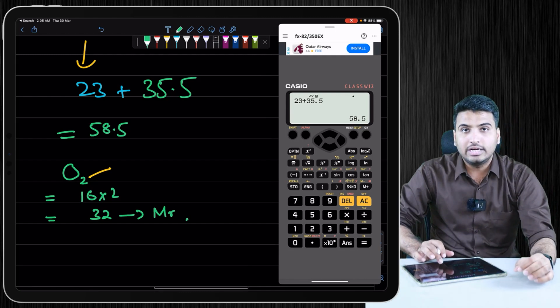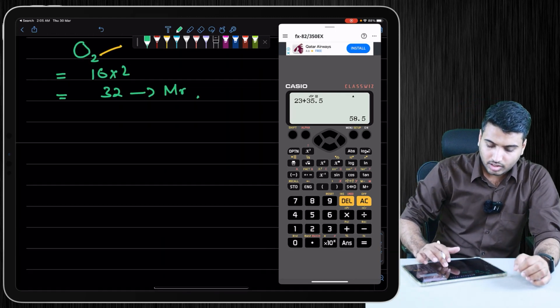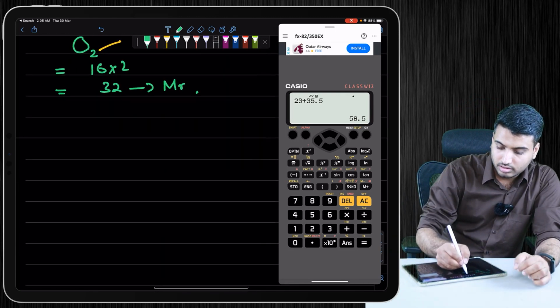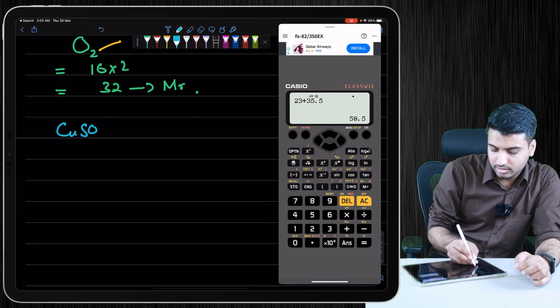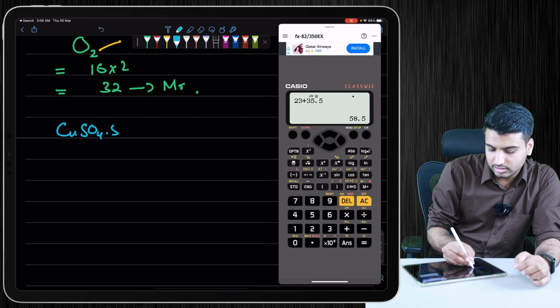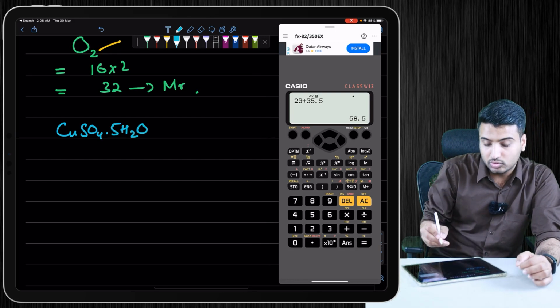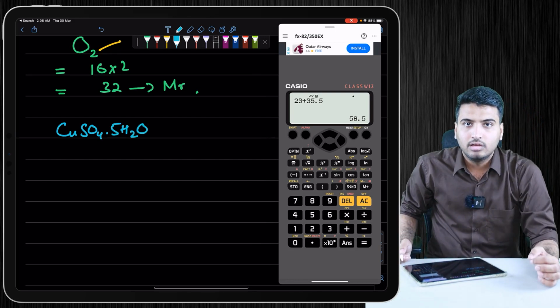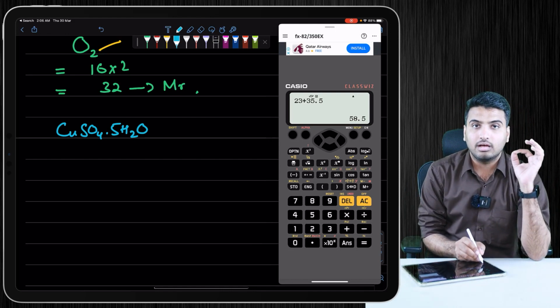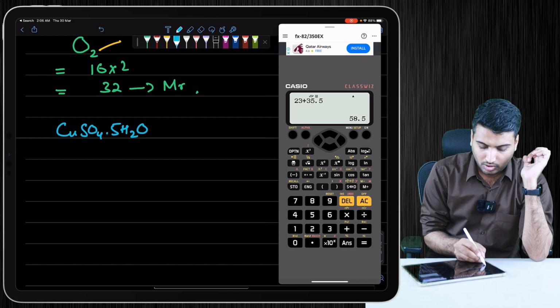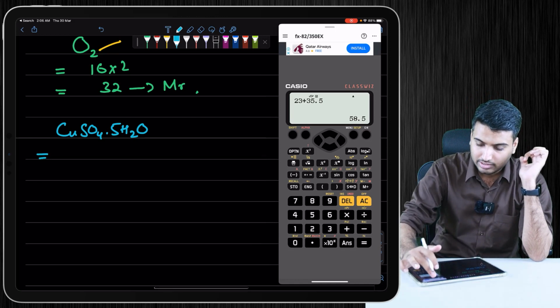Alright, so let us do another example which is very important: hydrated copper(II) sulfate, CuSO4.5H2O. You are not supposed to memorize the formula. We just need to calculate the molecular mass of it. We simply add up the atomic masses.